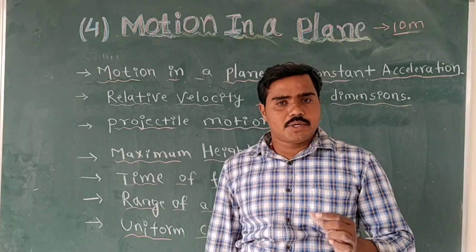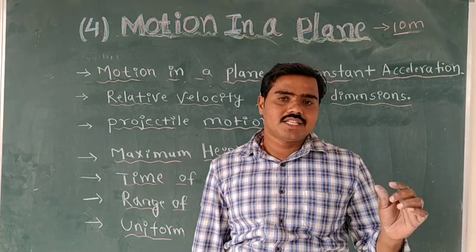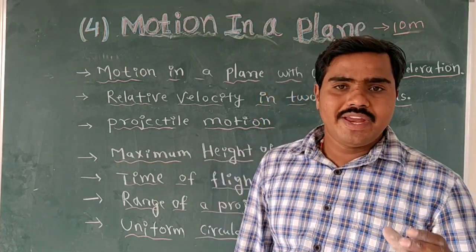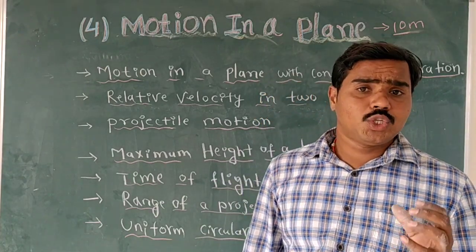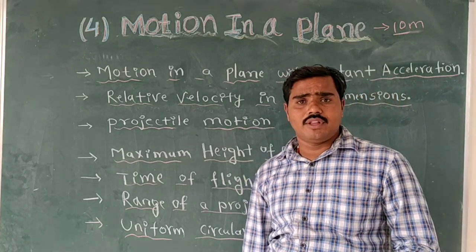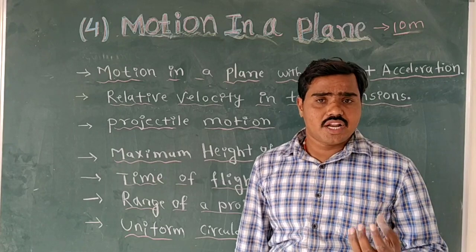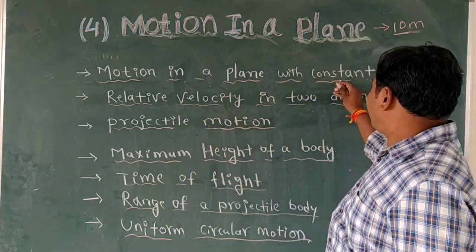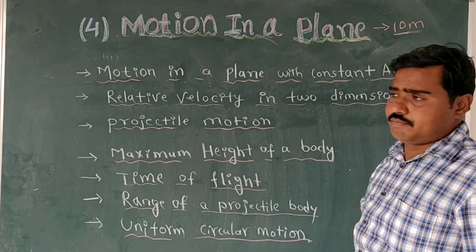Change in velocity with respect to time. Velocity changes with respect to time, a is equal to v divided by t. We call it acceleration. Motion in a plane with constant acceleration.